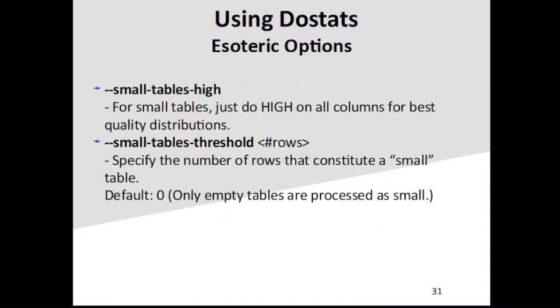And again, with dash dash AUS thresholds, you can tell the small table process to use the thresholds from AUS, whatever is set there. And you may have changed that from 100, but whatever it is. So here you can say a small table is a table with 10,000 rows, not 100. But by default, small tables are 0, so only empty tables are processed as small, and they don't get any distributions anyway.